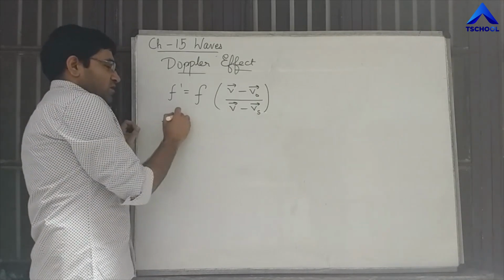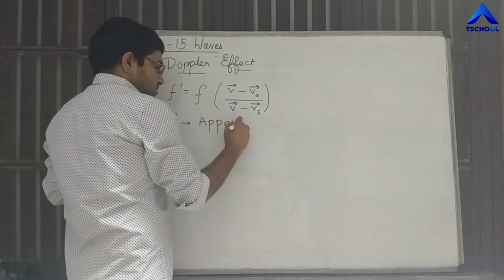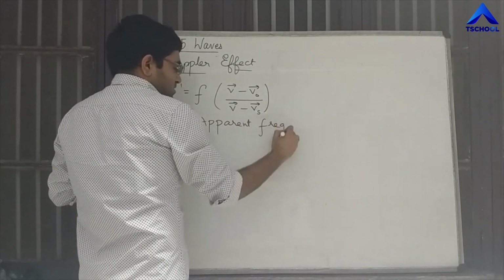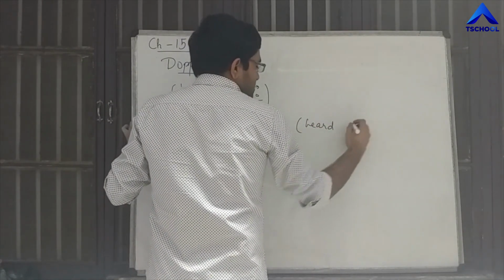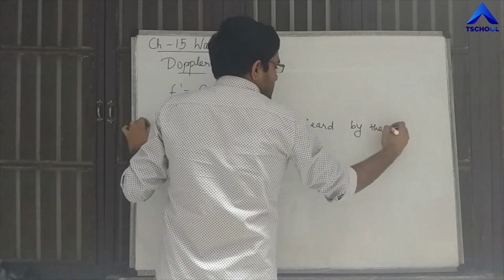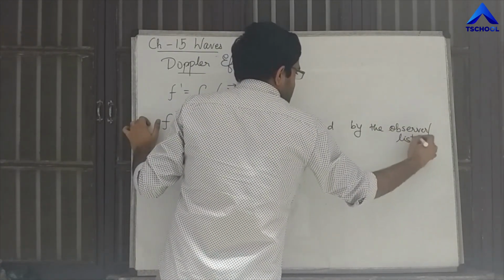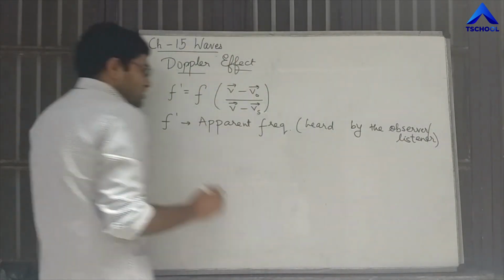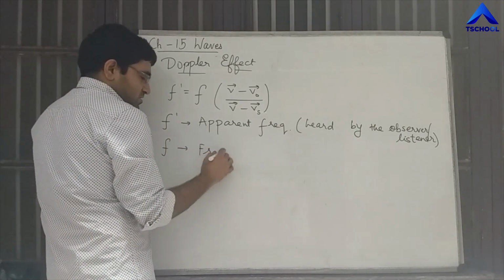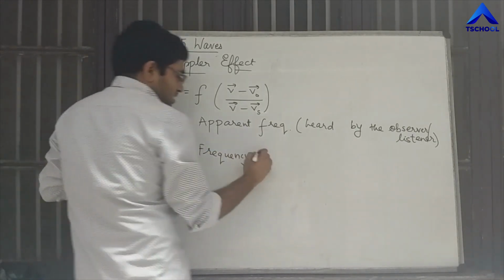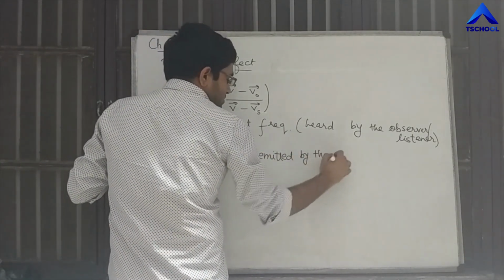First of all, f dash. F dash is the apparent frequency, or the frequency that is heard or received by the observer of sound, the observer or the listener. Okay. F is the frequency emitted by the source.